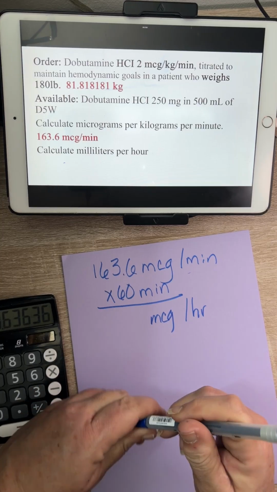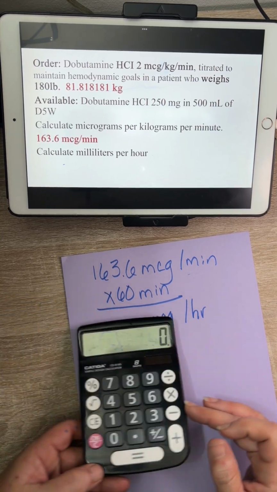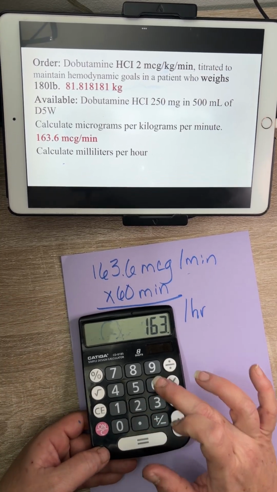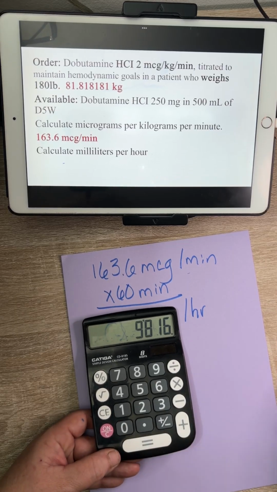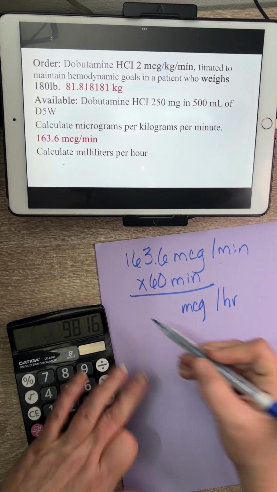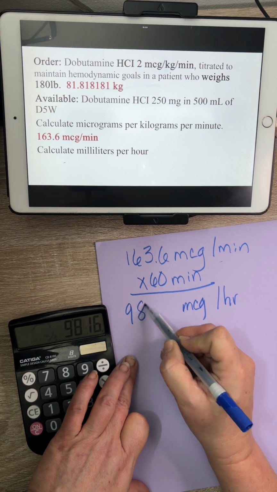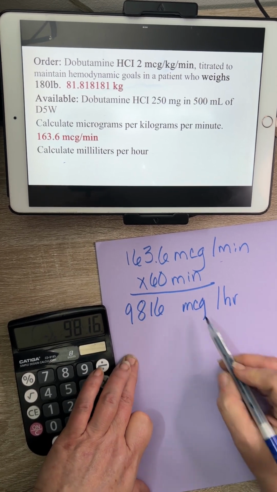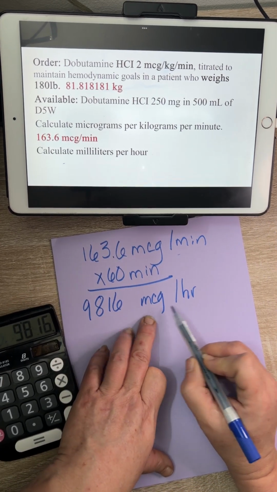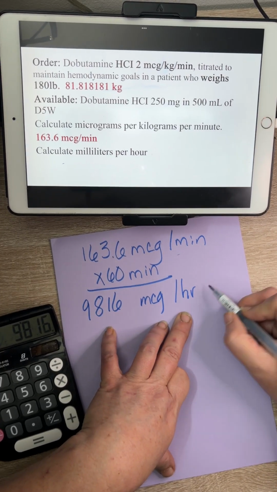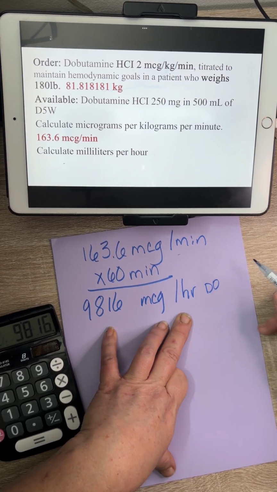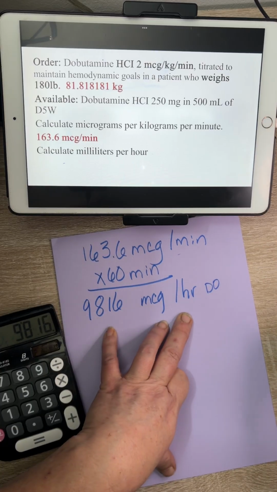You have to make peace inside yourself that it's probably going to take most of this page to work the problem. Times 60. All right. You see, he wants him to get 9,816 micrograms per hour. Okay, so this is the new dose ordered after we did all the calculating.